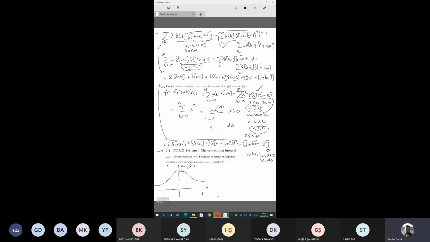So I want to approximate the signal by some staircase representation. Of course, it is the same on the negative side.